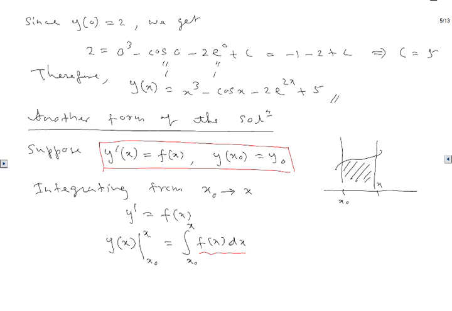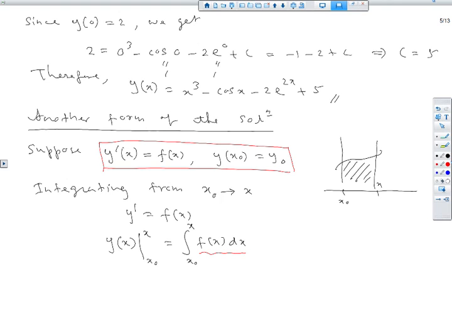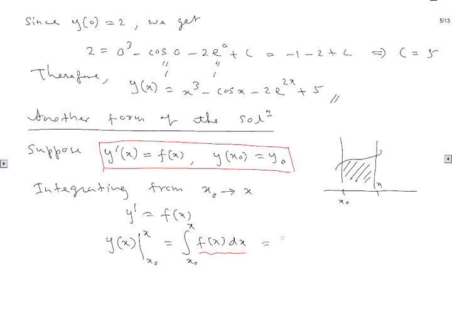We use a dummy variable, something other than x. So the best way to write this is from x0 to x, with, let's say, s or something. Just use something other than x to avoid confusion. So that's what you get.